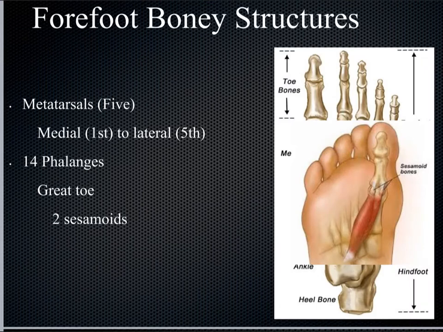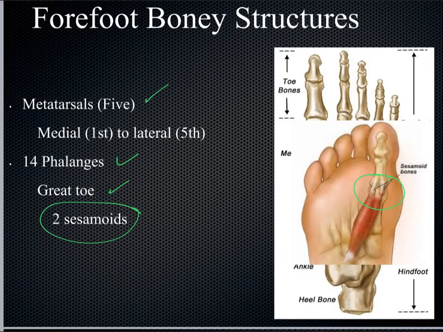Okay, now we move into our forefoot structures. On the forefoot side of the house, we have the phalanges and we have the metatarsals. So we have 5 metatarsals, we have 14 phalanges, a great toe, and 2 sesamoid bones, right? And those sesamoid bones, just like any sesamoid bone in the body, their job is to increase the mechanical advantage of the pull of a particular muscle.